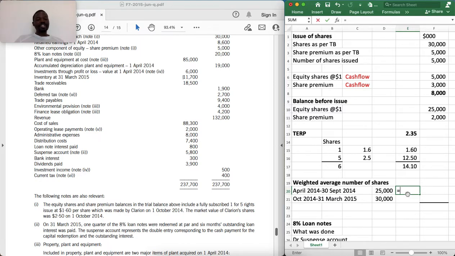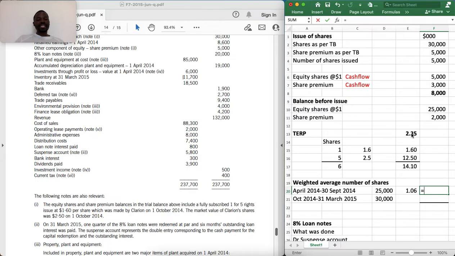The bonus fraction is always calculated by the market value divided by the theoretical ex-rights price. So we will uplift these shares by the bonus fraction.